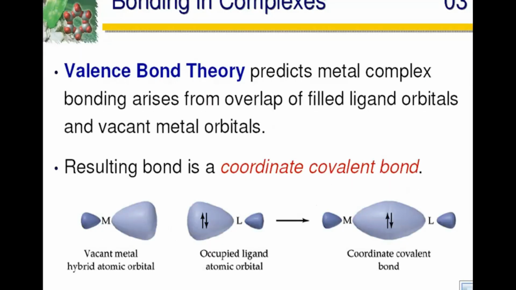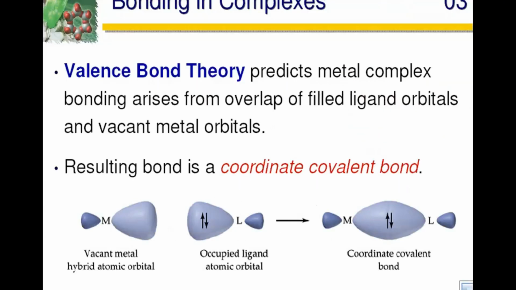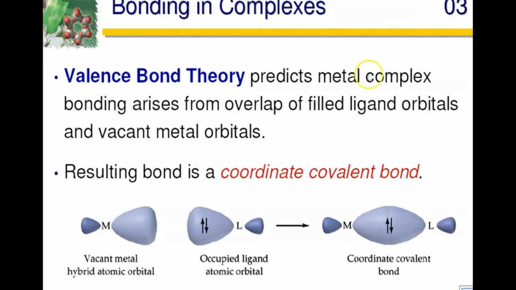Like what we have mentioned before, for the bonding in coordination complex, the valence bond theory predicts that metal complex bonding arises from the overlap of a filled ligand orbital with a vacant metal orbital.